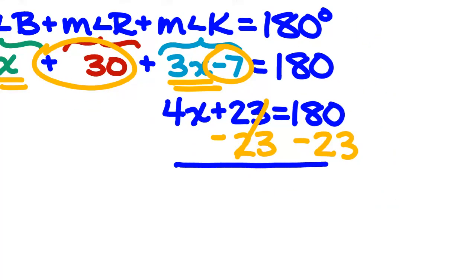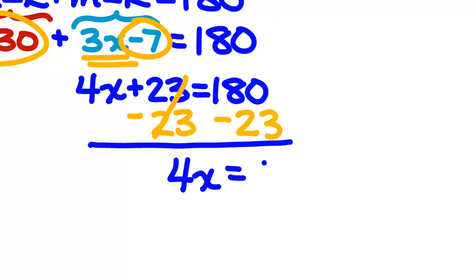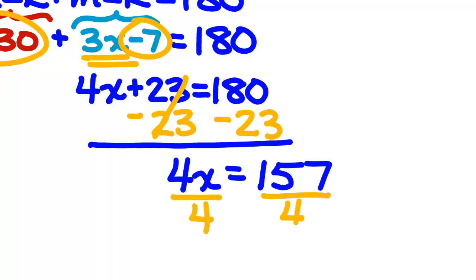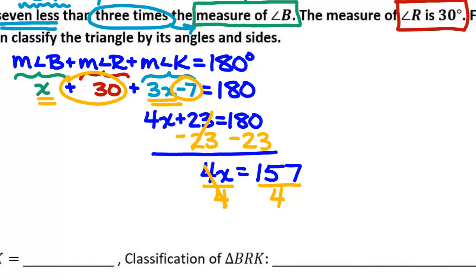What is 180 minus 23? 157. And then we divide both sides by 4. What is 157 divided by 4? 39.25.